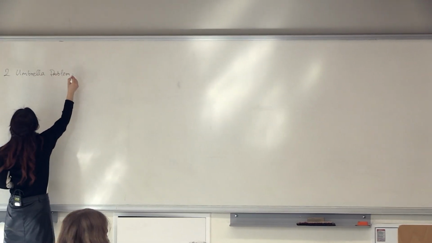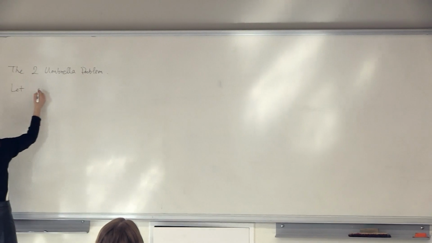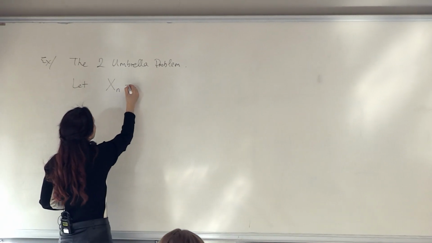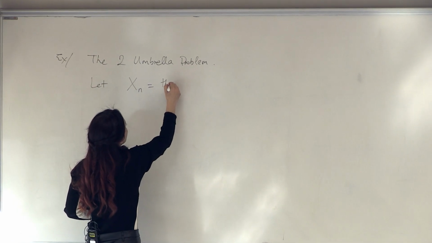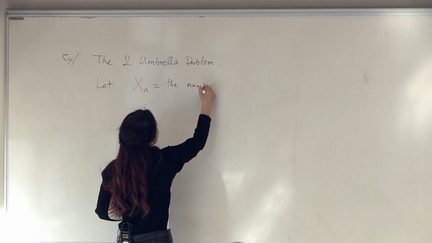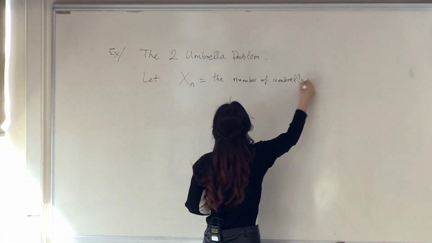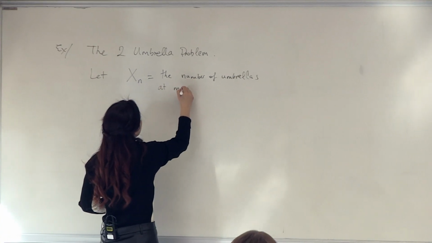What Süleyman is saying is, let the state at time n be the number of umbrellas at my current location.